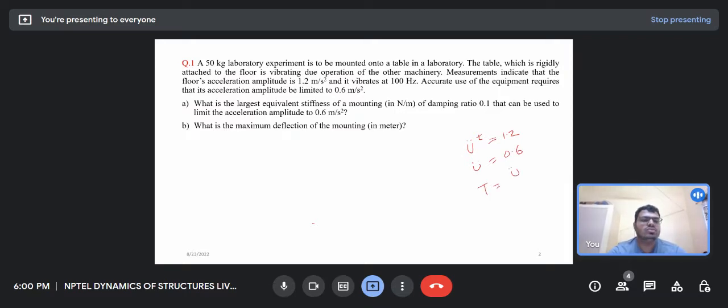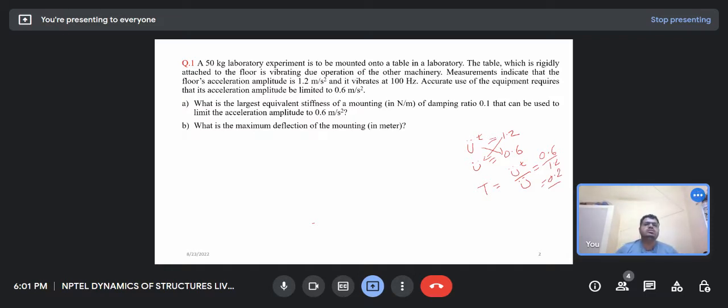Transmissibility is u total divided by u ground. Sorry, that will be the reverse. Like u total is this and the floor vibration is this, so 0.6 by 1.2 is 0.5.